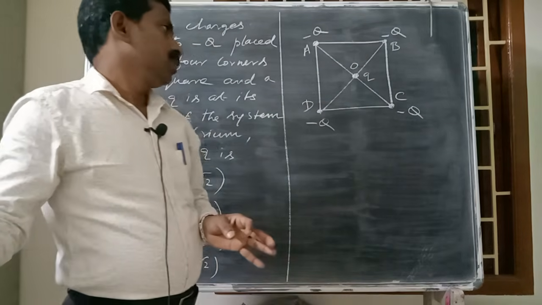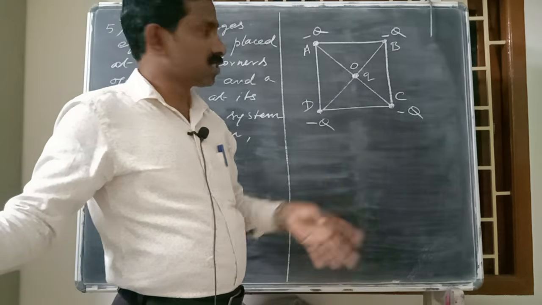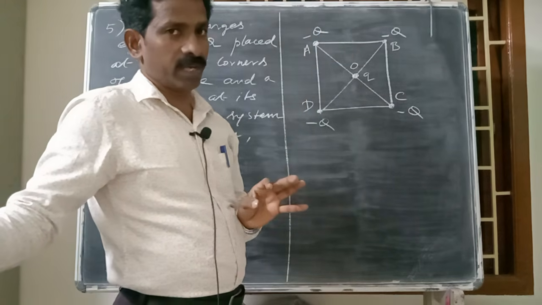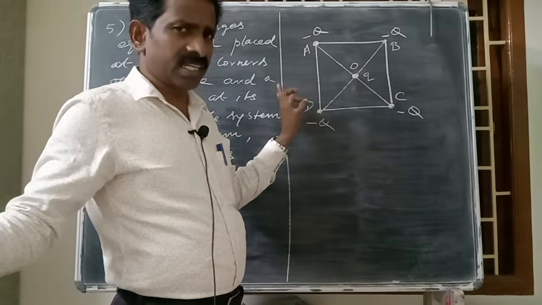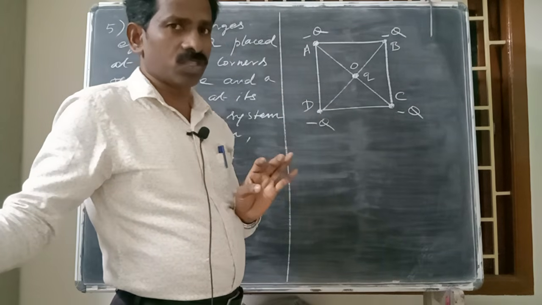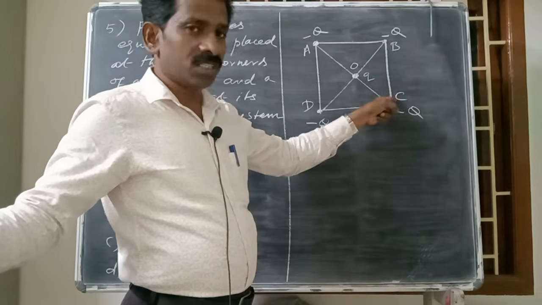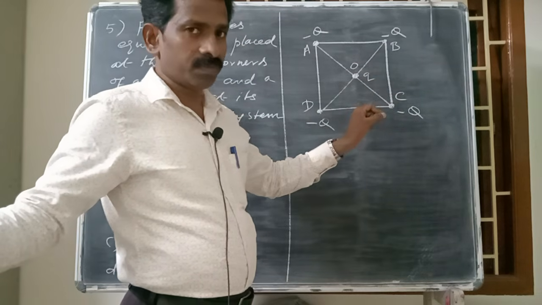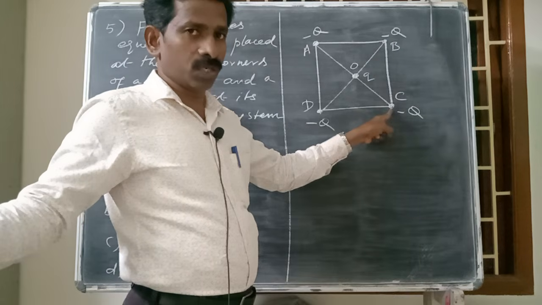Okay, so first, what is the condition for the system to be in equilibrium? The net force acting on each charge should be 0. See, if this charge is in equilibrium, the net force acting on this charge should be 0.